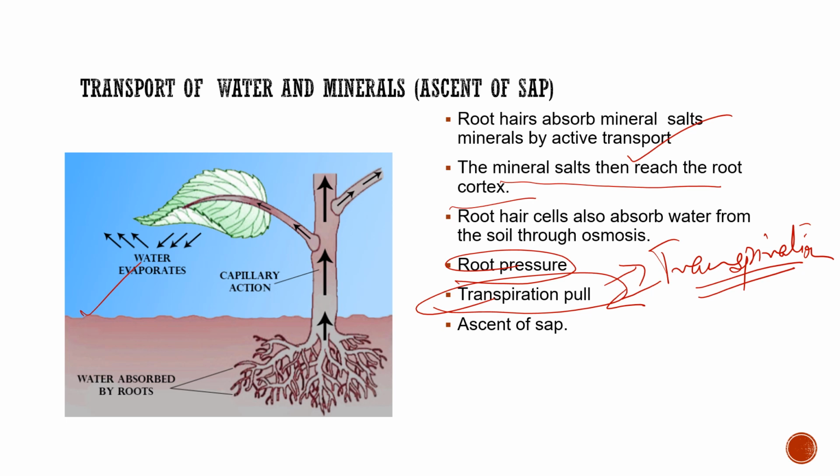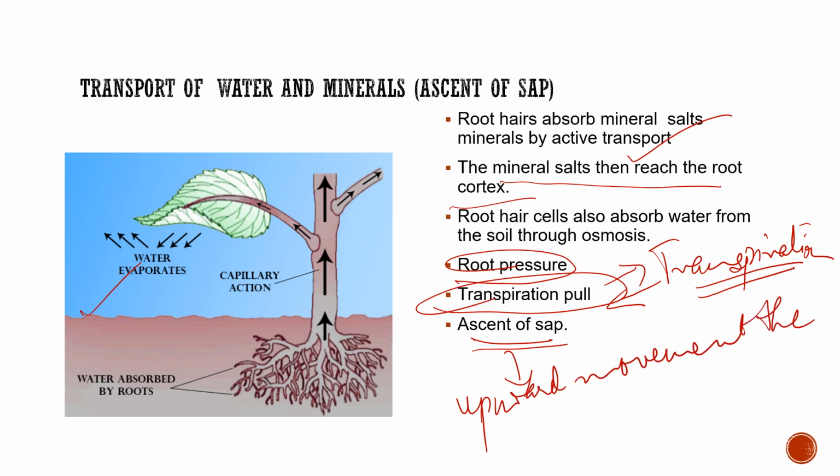Now water and minerals are absorbed by the roots and conducted upwards through the xylem to other parts of the plant such as stems, leaves and flowers. So this upward movement of the cell sap, which contains water and minerals, is called the ascent of sap.